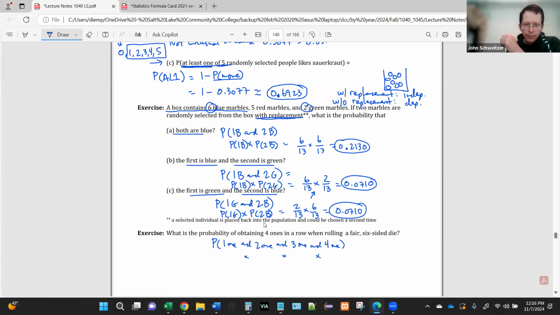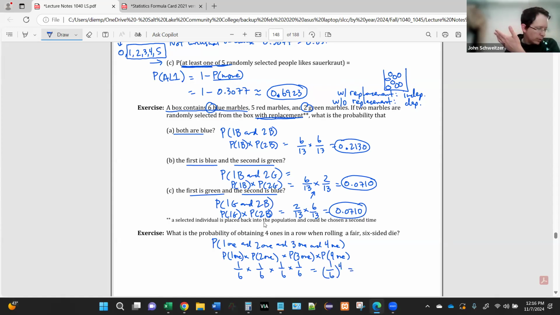So it's the probability the first one is a 1 times the probability the second one is a 1 times the probability the third one is a 1 times the probability that the fourth one is a 1. Well, when you roll a die, there's a 1/6 chance of getting a 1, right? So that's 1/6 times 1/6 times 1/6 times 1/6. Okay, so that's going to be 1/6 to the 4th power.